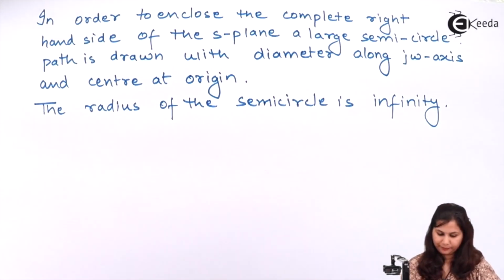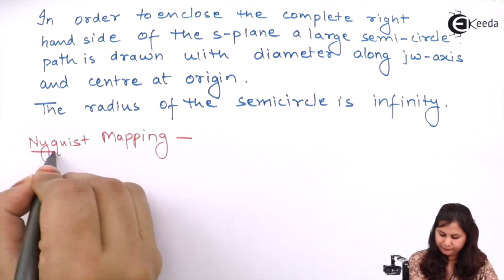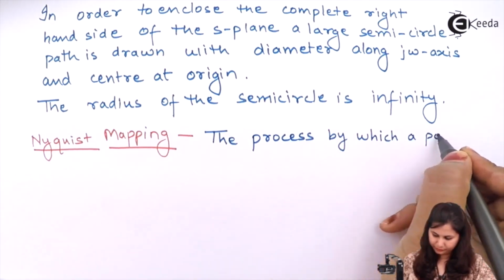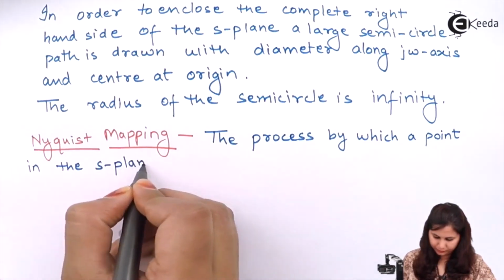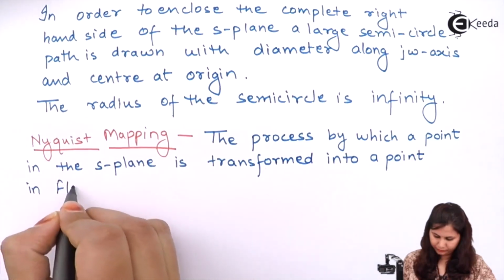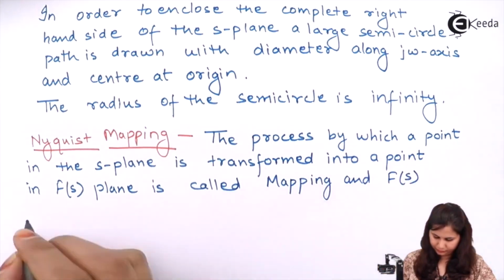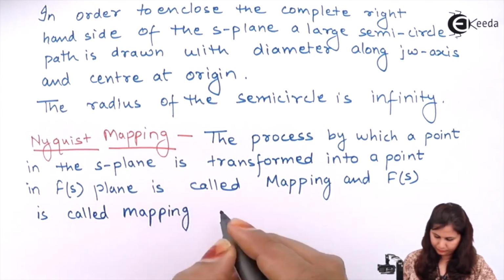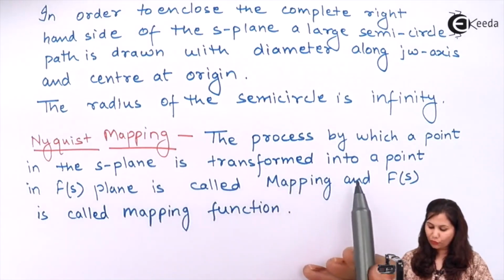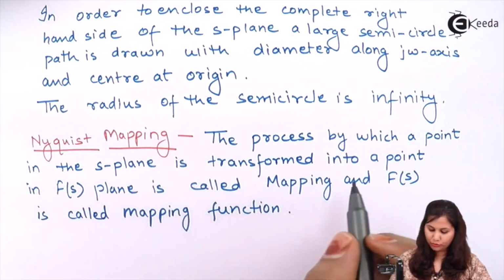Now the next term is Nyquist mapping. Nyquist mapping is the process by which a point in the S plane is transformed into a point in the F(s) plane.